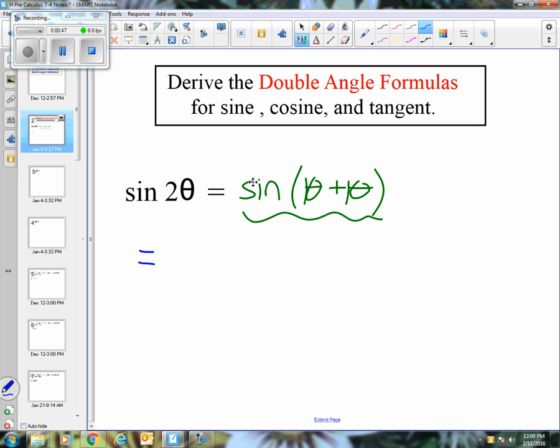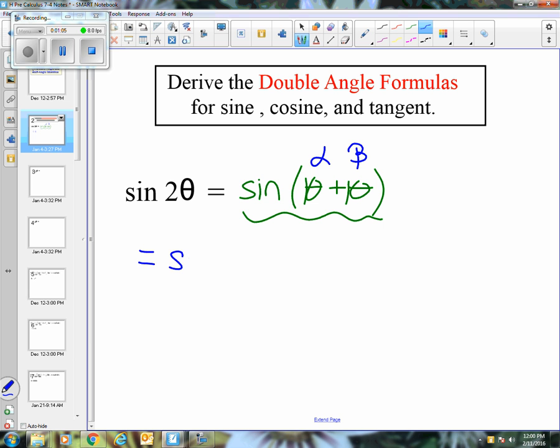So just look at your formula sheet and let's write out the sum formula for the sine of two angles. Think of your alpha as a theta and your beta as a theta. That's kind of fun to say, your beta as a theta. Both of them are just the same angle, and that could definitely happen. Say they're both 10 degrees or they're both 15.